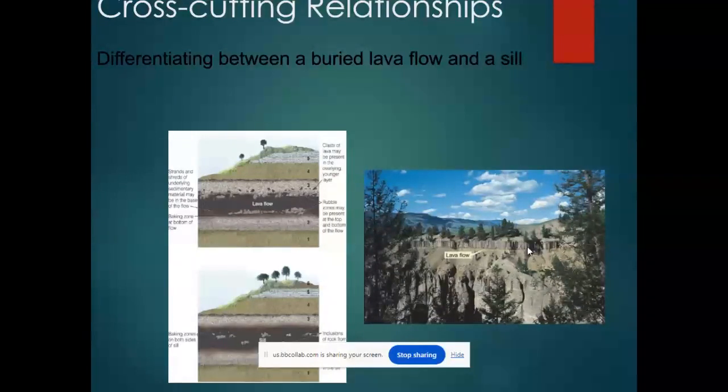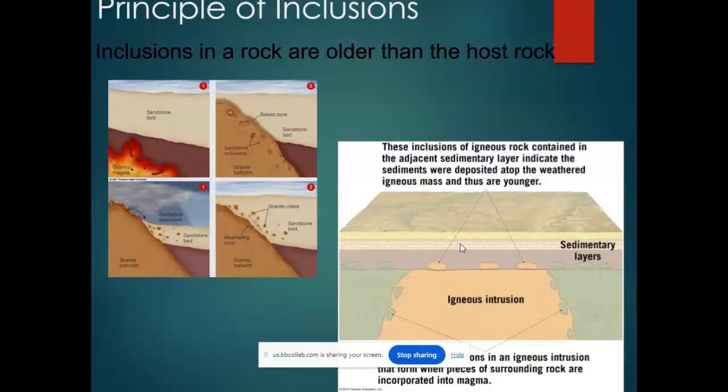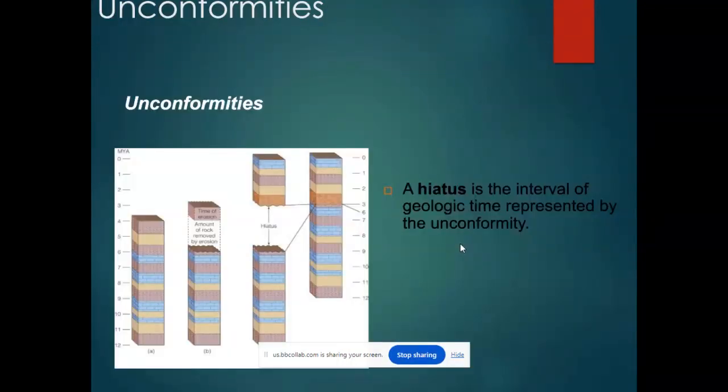So when you see a lava flow like this, you can tell based on inclusions as well as contact metamorphism which one came first. And this is just a further explanation of inclusion. I won't go into it.